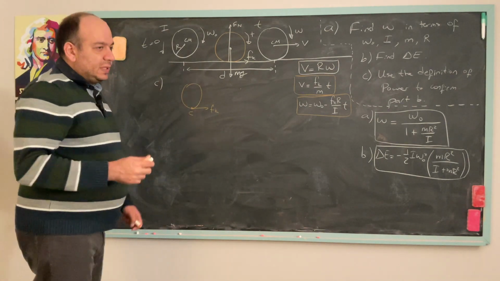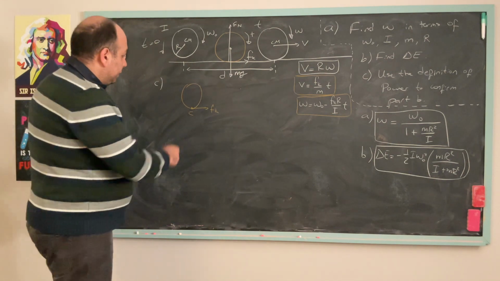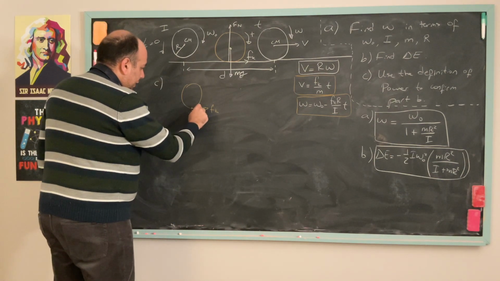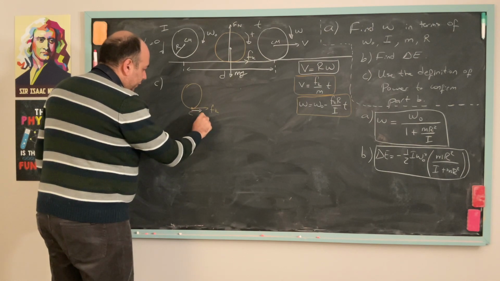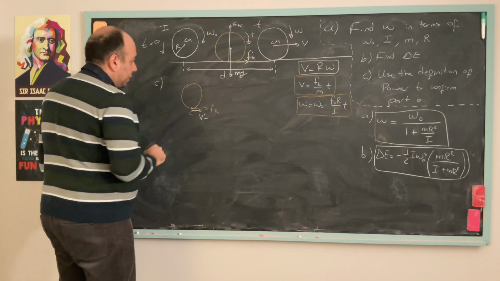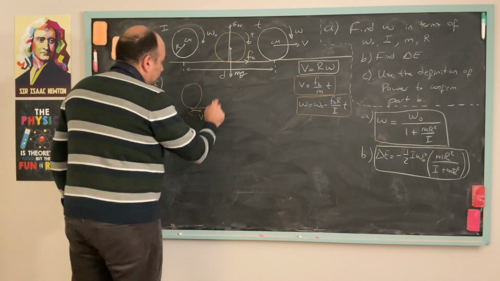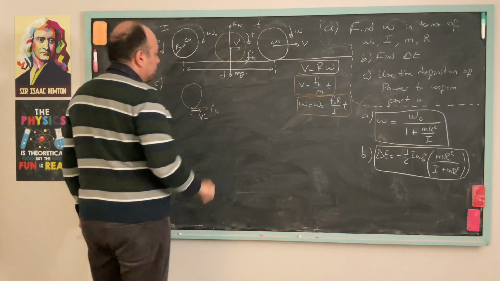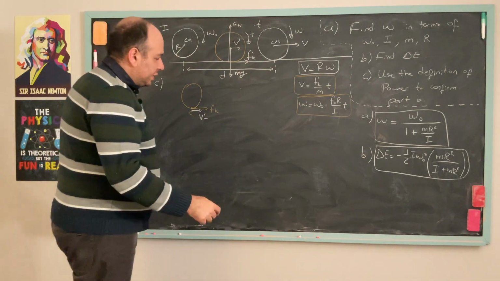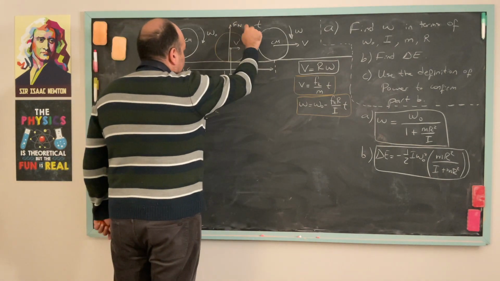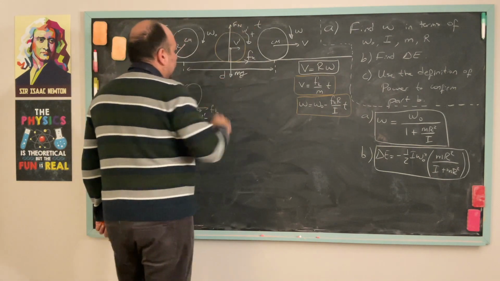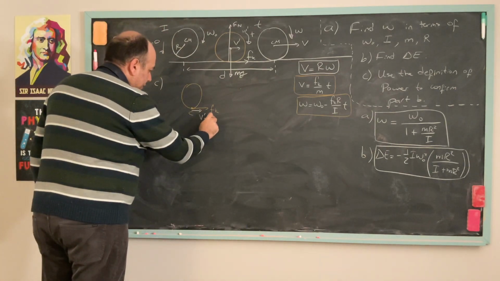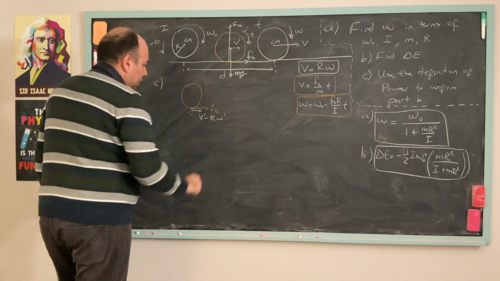So at any given instant of time, the velocity at point C is going to be equal to v, let's call it v prime, okay? So at any given time t, this object is moving to the right with center of mass speed v prime, and let's say some angular speed omega prime. So v prime minus R times omega prime.